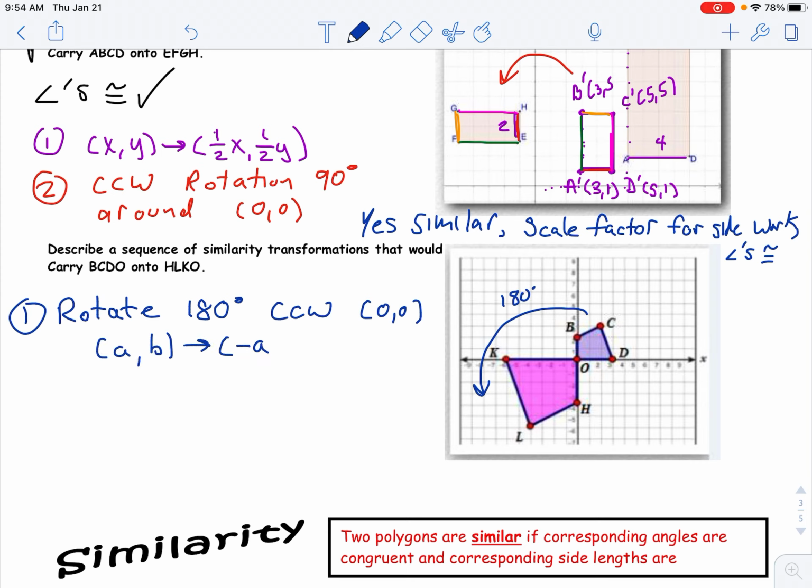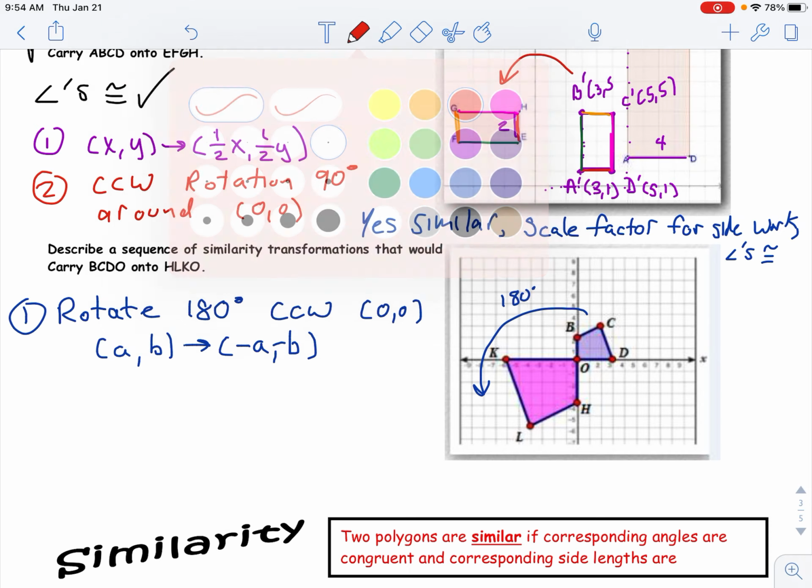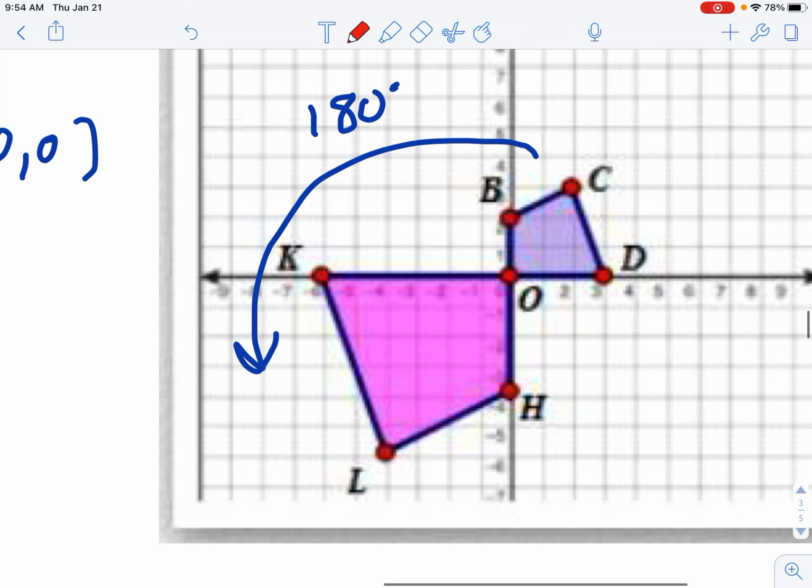This one, I just know that the order of the numbers stays the same, but you just make them negative. Such as B is at 0, 2. Now B prime is going to be at 0, -2.